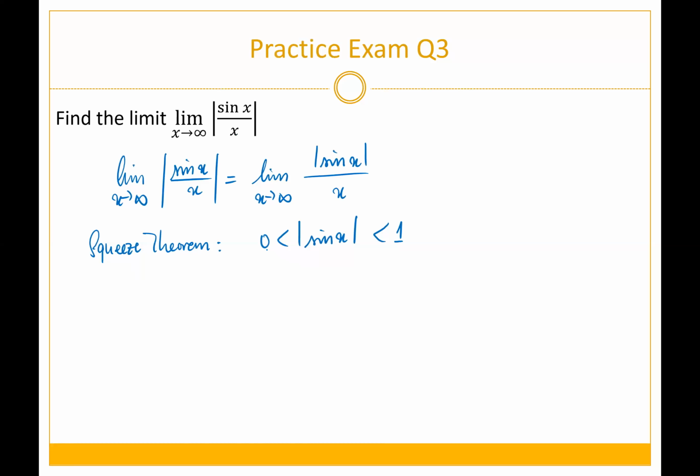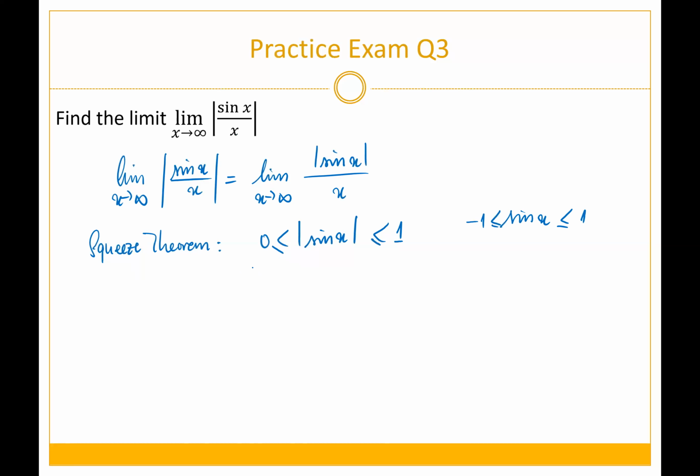So you have absolute value of sine x is always going to be between 0 and 1. So sine x itself is between -1 and 1, but when you take the absolute value, it has to be only positive, so you go from 0 to 1.